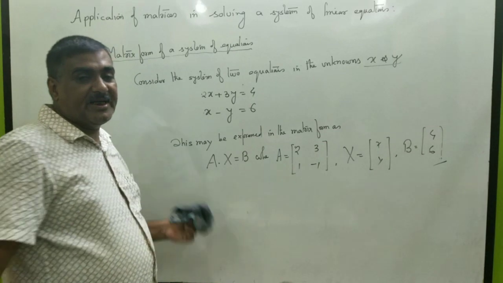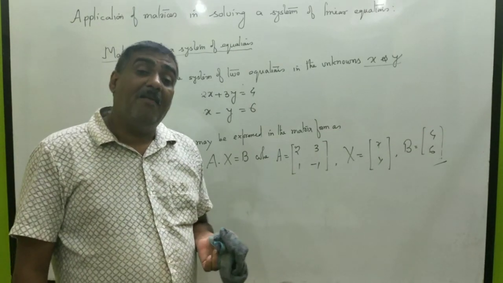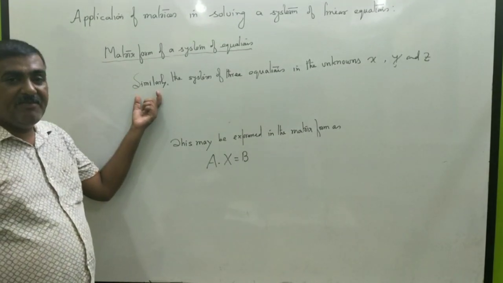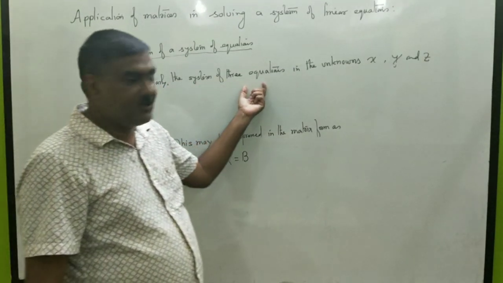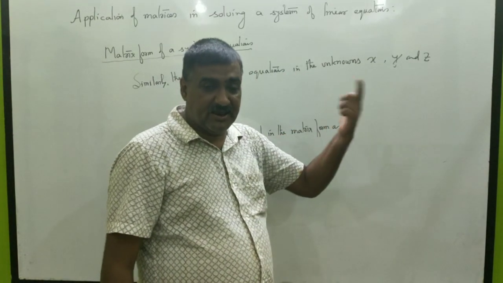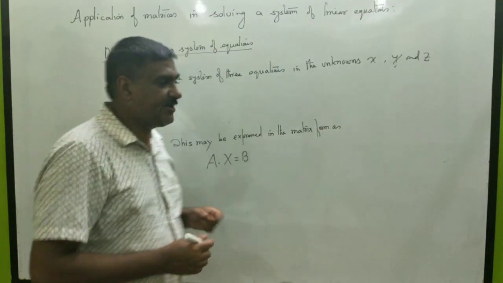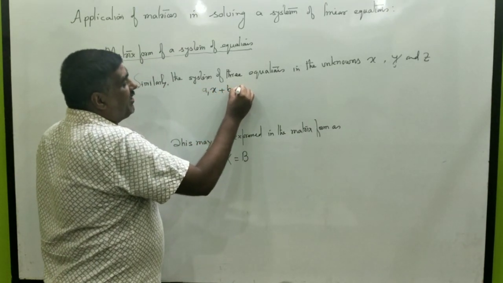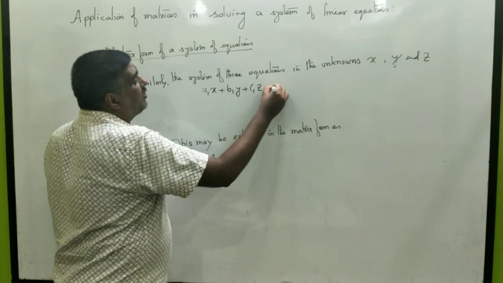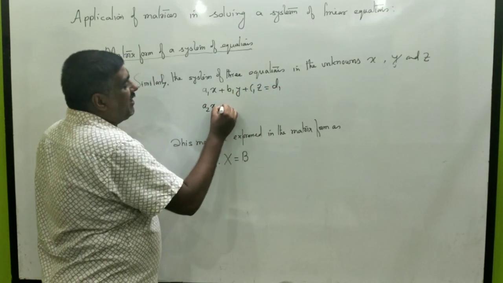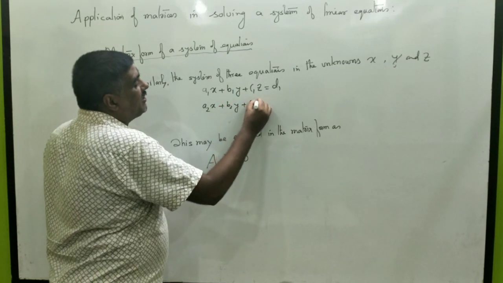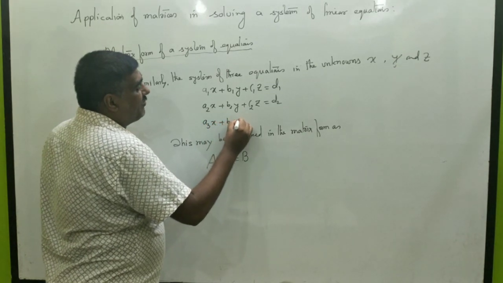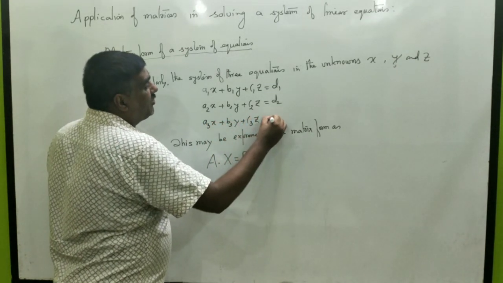That is, we can express any simultaneous equation in matrix form. Okay? Similarly, the system of three equations in the unknowns x, y and z. Three unknowns are there. Suppose I write a1x plus b1y plus c1z equals d1, a2x plus b2y plus c2z equals d2, a3x plus b3y plus c3z equals d3.